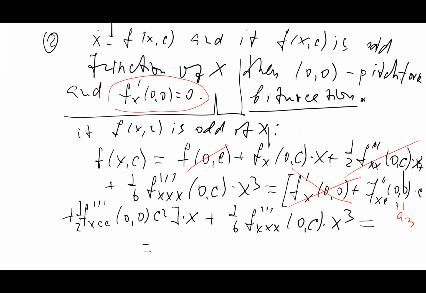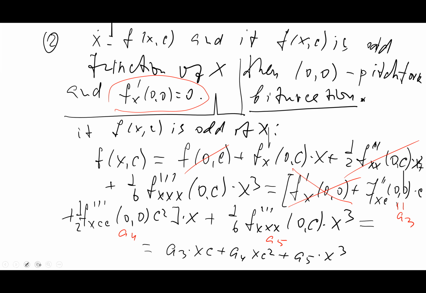So this was A4 and this was A5. Therefore what we have is A3 times x times c, plus A4 times x c squared, plus A5 times x cubed.